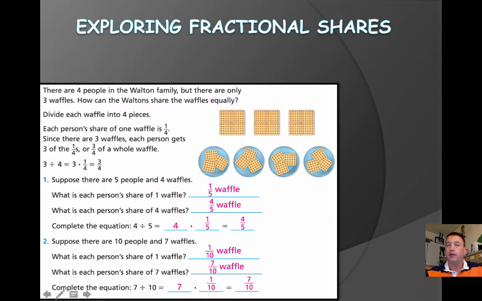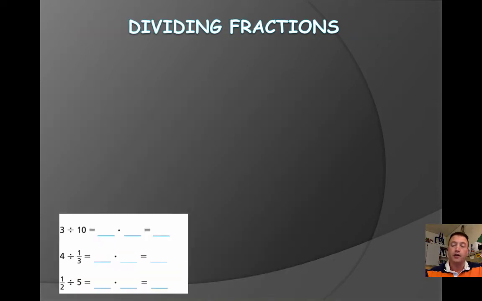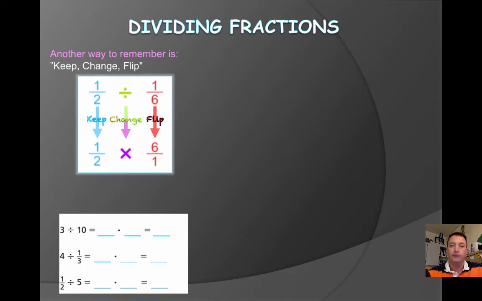So let's look at another way to think about this. And this is a pretty straightforward method, but we're going to talk a little bit about it, okay? It is called keep, change, flip. And this is how this works. When we're multiplying or when we're dividing fractions, the rules say that we keep whatever number comes first. And if that's a whole number, it works the same way. Then we change division, as you can see here, to multiplication.